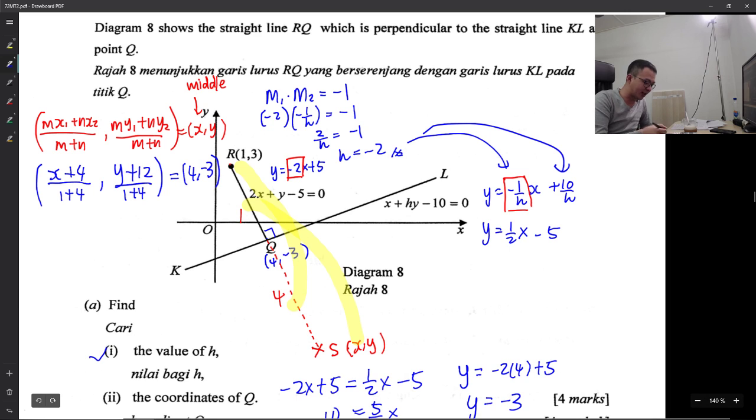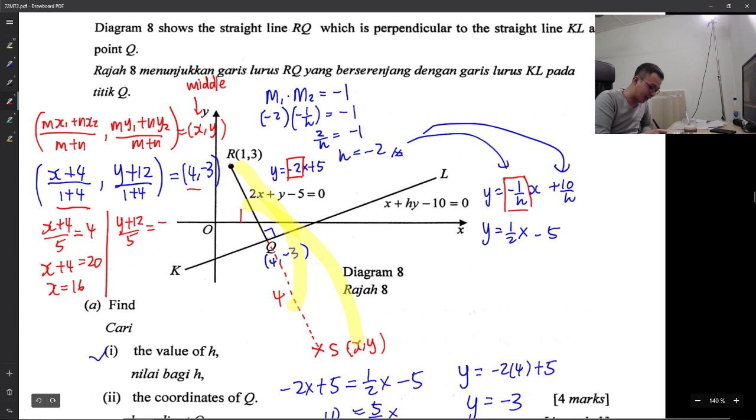By solving this one, I can know the coordinate S. I compare the x coordinate with the x coordinate. So x plus 4 over 5 equals 4. So x plus 4 equals 20, x equals 16. Then I do the same thing for y. Y plus 12 over 5 equals negative 3. So y plus 12 equals negative 15. Y equals negative 27. So therefore, my coordinate S should be 16, negative 27.